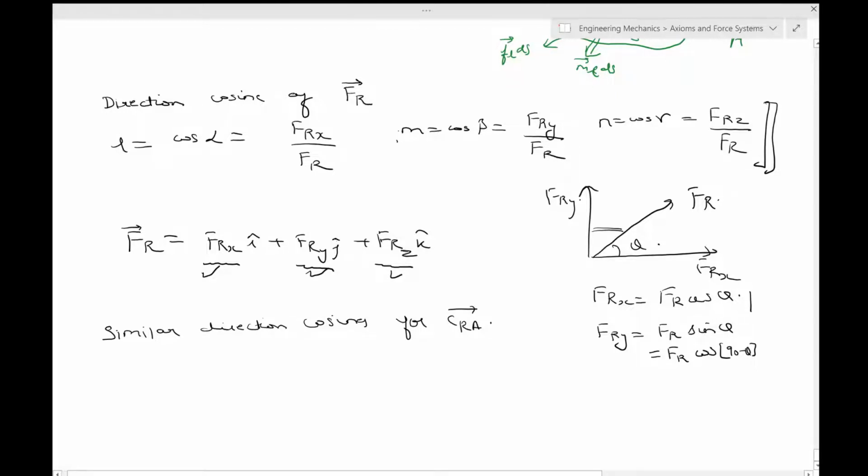That's a separate vector in itself, so it should have its own symbols, whatever angles you take. Call them alpha dash, beta dash, gamma dash, or L dash, M dash and N dash. It has to be a different symbol because you are referring to a completely different vector.